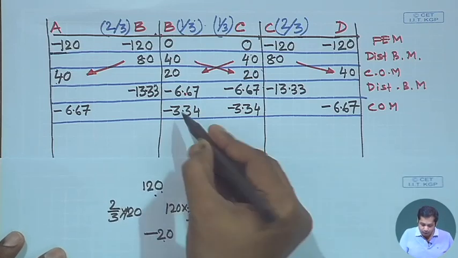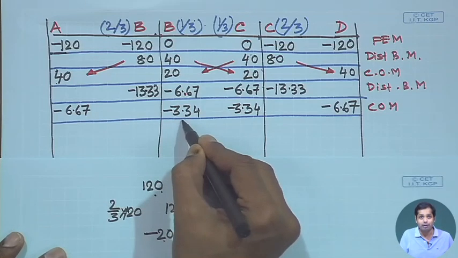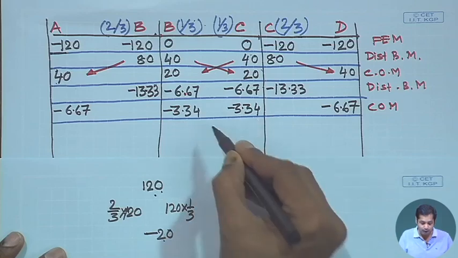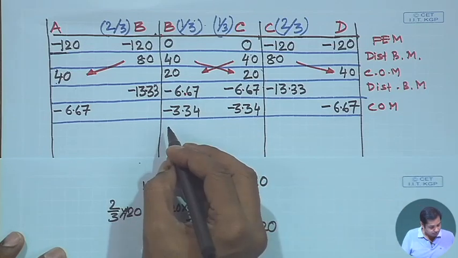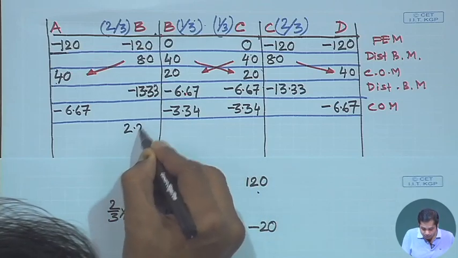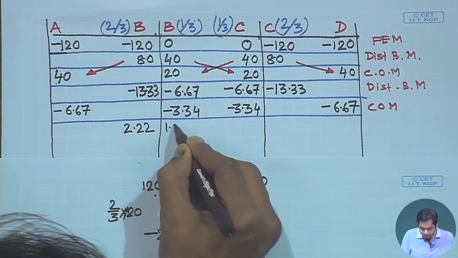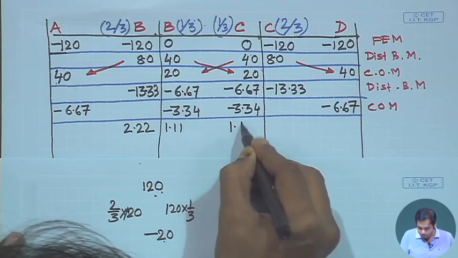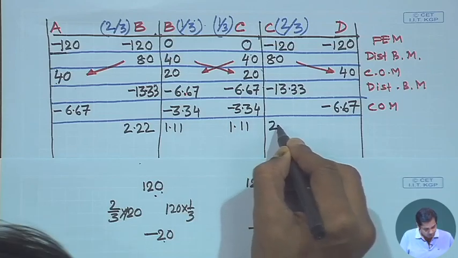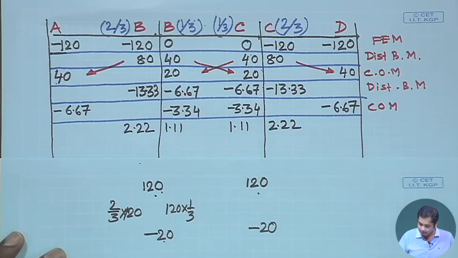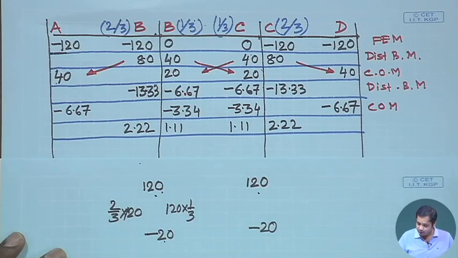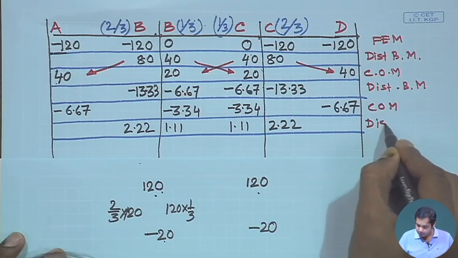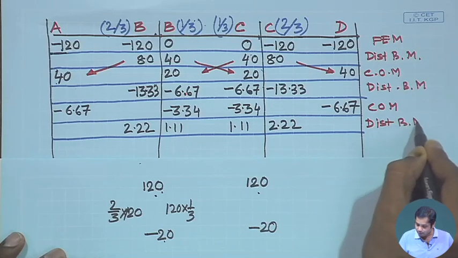Okay. And again we need to check the status of equilibrium. We need to apply plus 3.34 here, plus 3.34 here, a balancing moment which will get distributed, and the corresponding distribution will be 2.22 and 1.11, and 1.11 and 2.22. This is the distributed balancing moment.